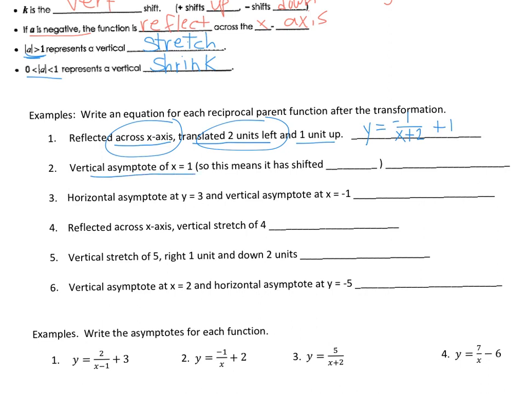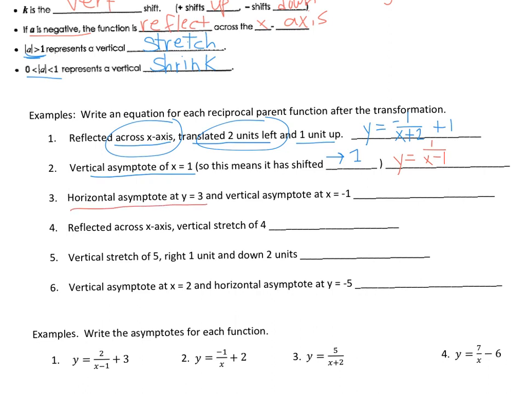Vertical asymptote of x equals 1. This means that it has been shifted right 1. It doesn't say anything about a reflection or any other translation besides right 1. So it's going to be y equals +1 over x minus 1 because it has been moved over 1 unit.